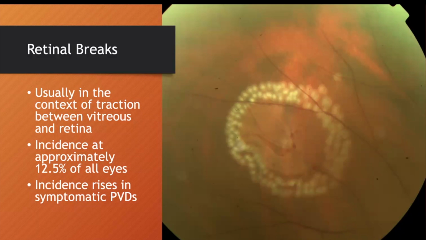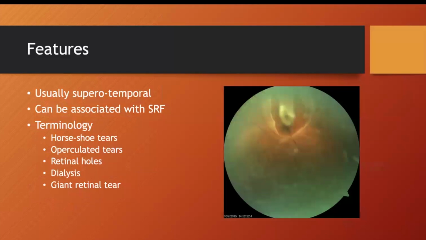Because in the context of a PVD, your retinal break sits at about 1 to 2%, maybe up to 5, but in a symptomatic PVD, that can go up to about 10%. So be wary if somebody is symptomatically complaining of a PVD.